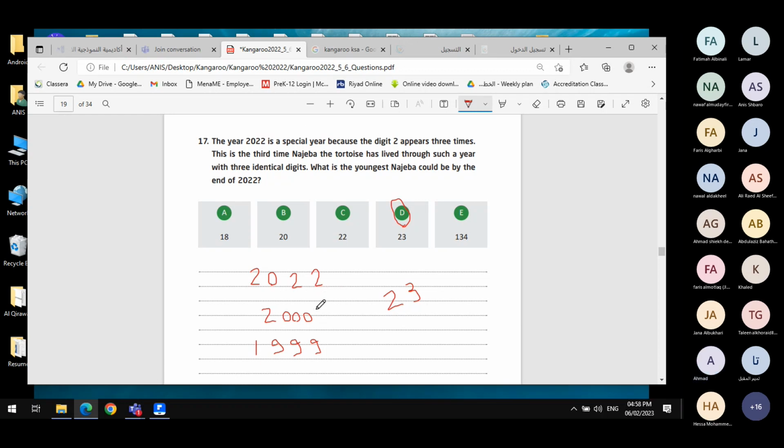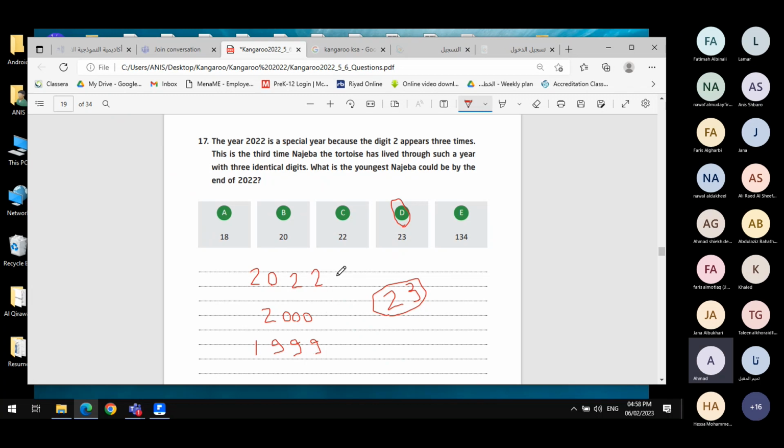You need to deduct 1999 from 2022. Then how much is that? It's 23 years. So the tortoise was born in 1999, basically.